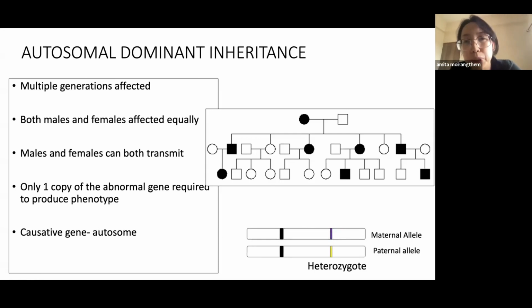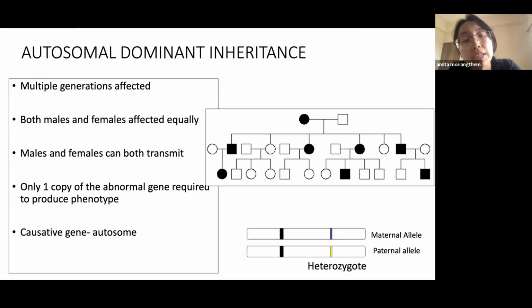So in autosomal dominant inheritance, the mutation in one allele only, that is a heterozygote, will manifest the disease. There is no need for both the alleles to be mutated. And when the gene lies in an autosome, if we look at the chromosomes, we have 23 pairs of chromosomes, where 22 are autosomes, which are the same in males and females, and the 23rd pair is the sex chromosomes.